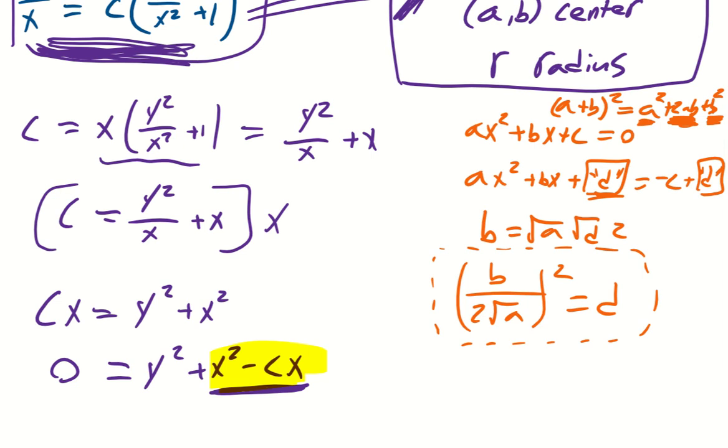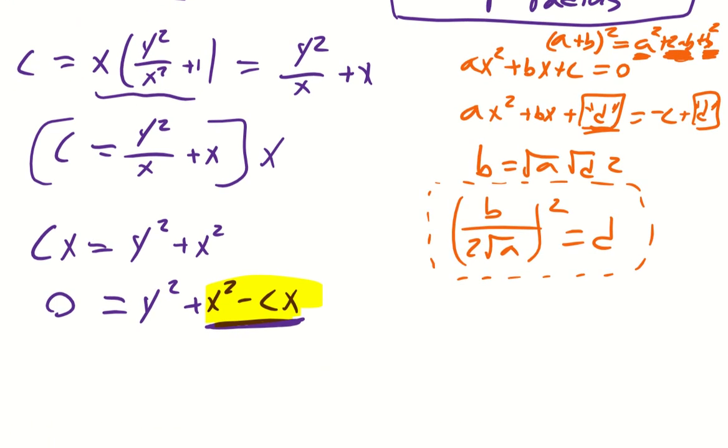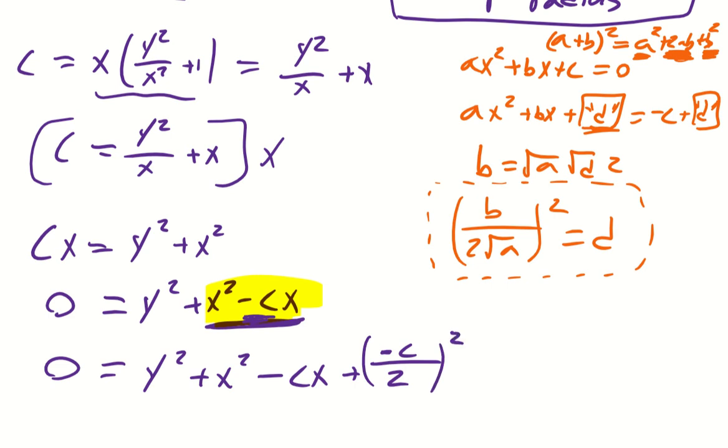And so let's go on and do that. We have 0 is equal to y squared plus x squared minus cx. So this minus c is the b term. So we have x minus c over 2a, and a is just 1. This is squared. But we don't want to radically alter our equation, right? So we're going to have to also subtract that quantity.